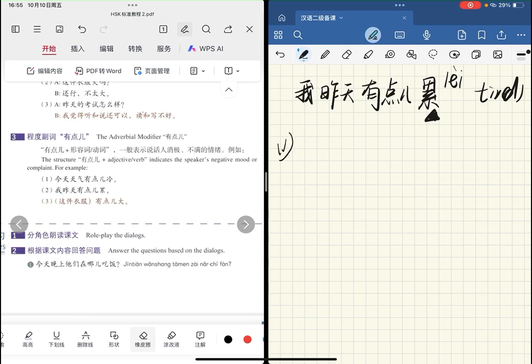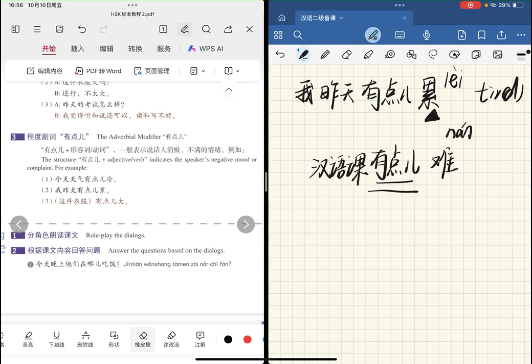Okay, for example, if I want to say the Chinese class is a bit difficult, I can use 有点. 汉语课有点难。The Chinese class is a bit difficult.